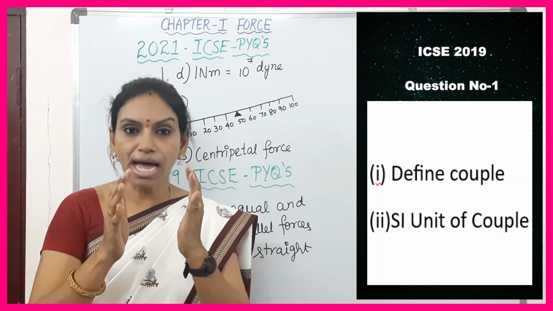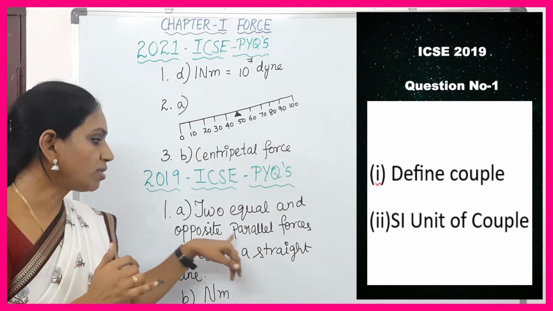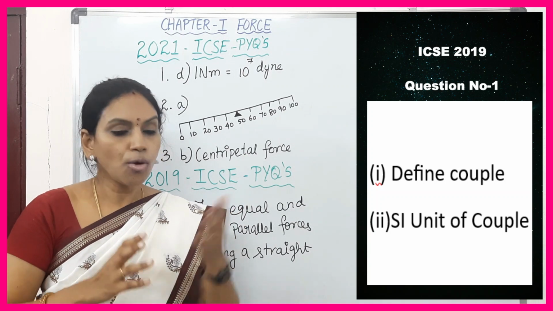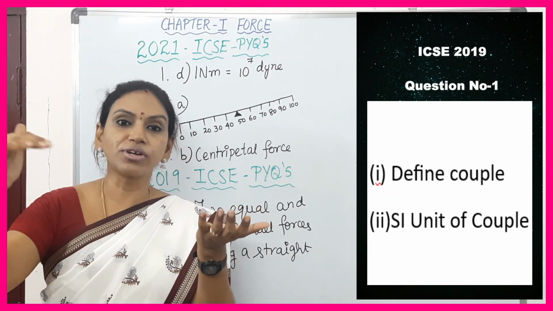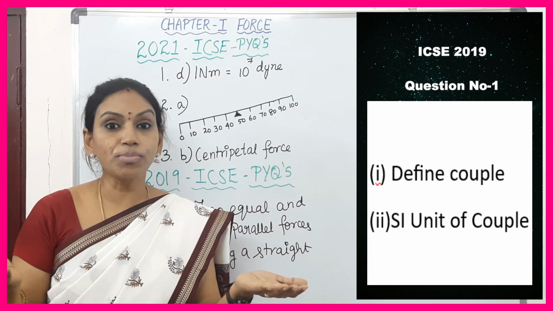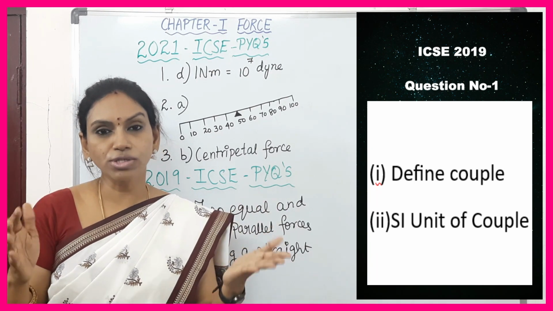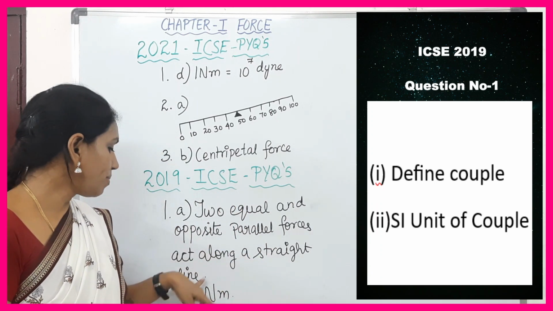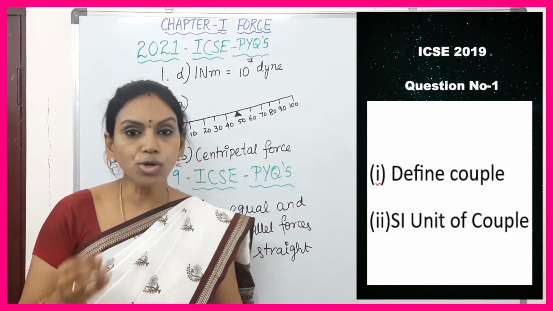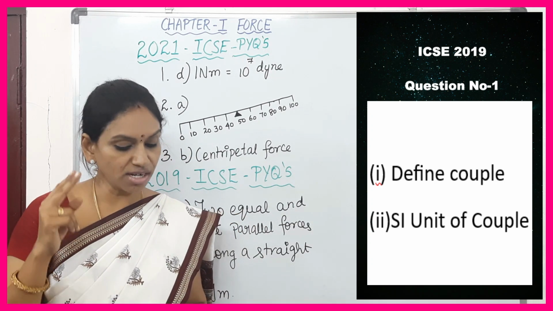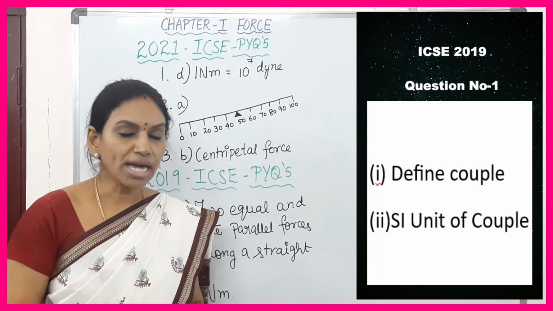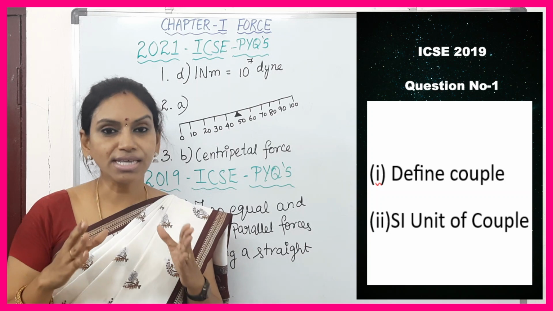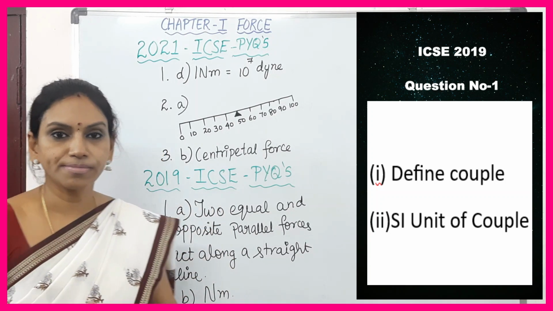Of course both should be parallel. One acting downwards, another acting upwards. In such case, those 2 forces form a couple. What is the SI unit of couple is the second division in question number 1. So SI unit of couple is nothing but Newton meter. That's the answer for question number 1.